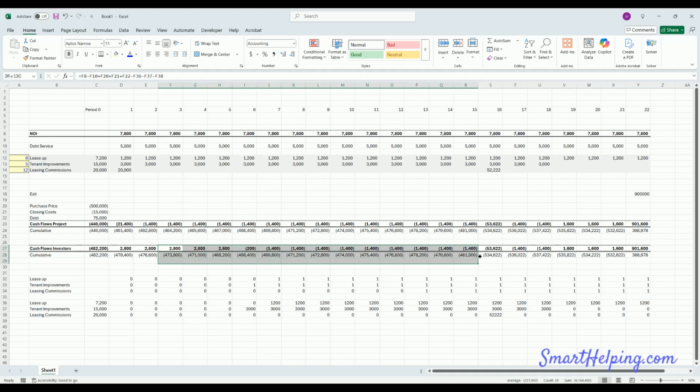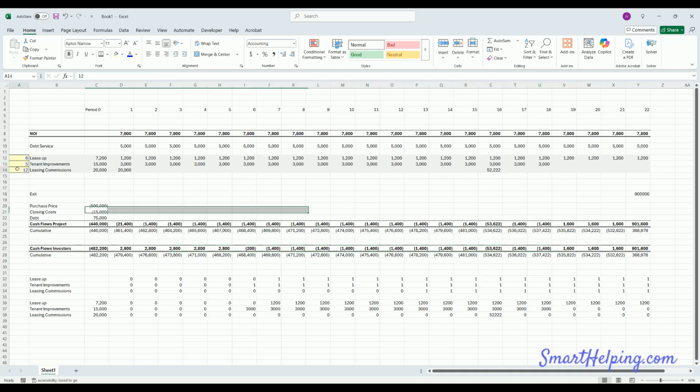Now you still have some negatives here, which is, maybe you want to say, well, we're going to pay this through the 17 months, and this through 12, and this through 12.